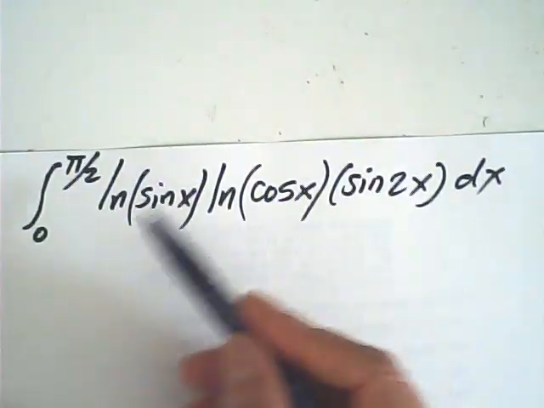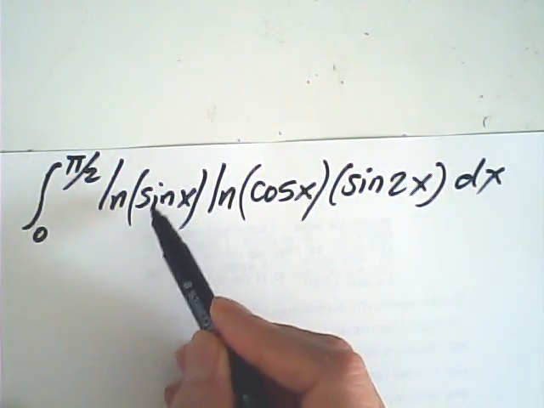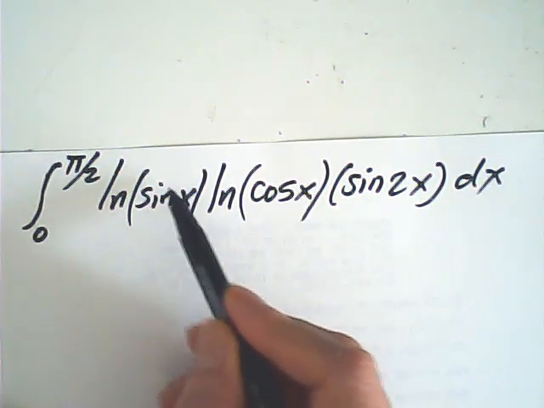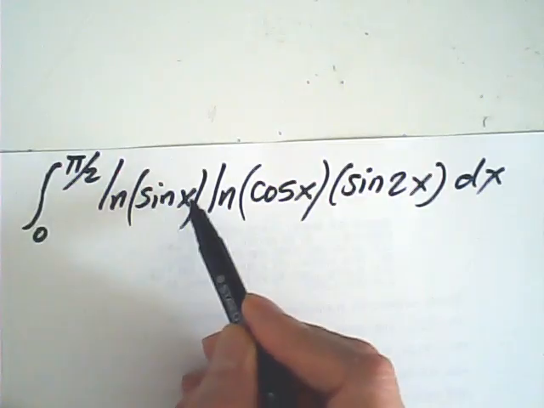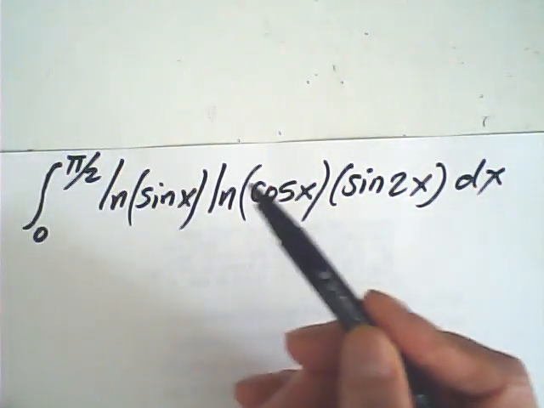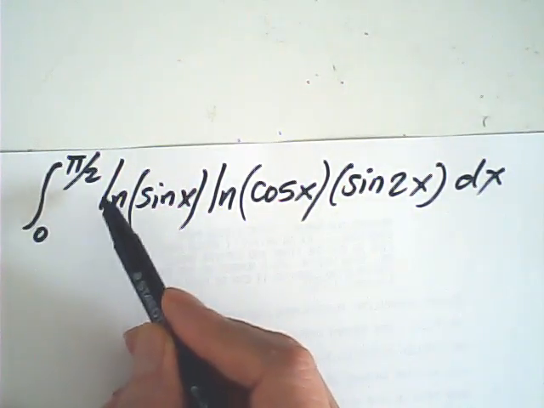Okay, let me verbally express. I write sine squared x. Then this 2 could be written in the front, right? So therefore, this becomes a half.